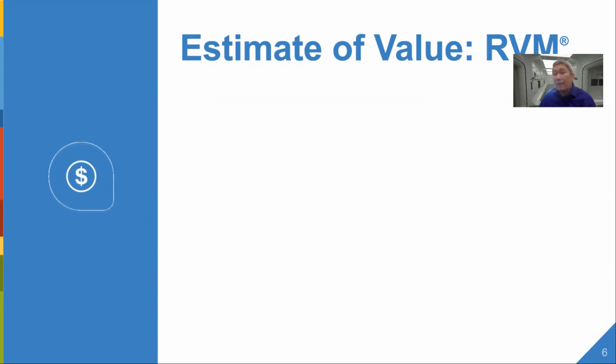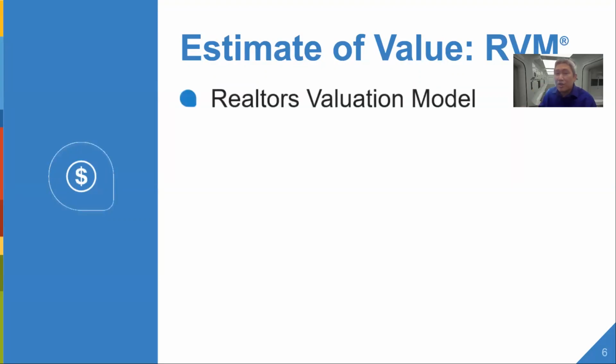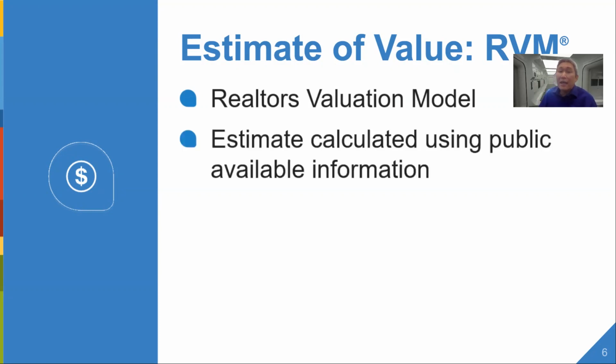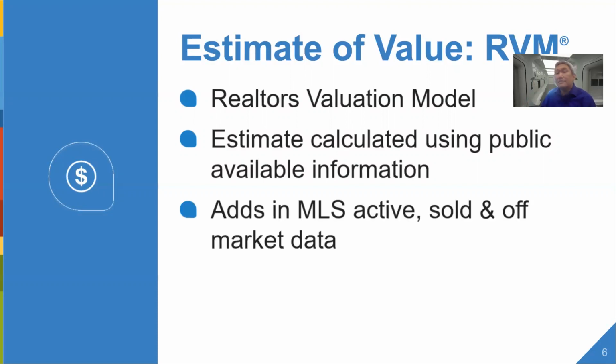But here in RPR, what I'm going to show you, they call this RVM. It's a little different because of the first letter: R is for Realtors Valuation Model. It's an estimate also calculated using publicly available information, which is what the AVM does, plus it includes the MLS active, sold, and off-market data.